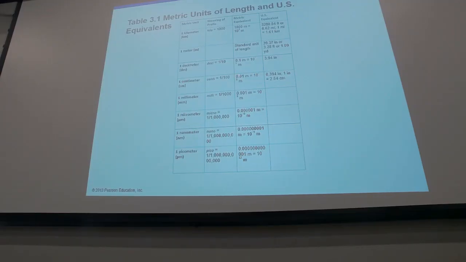In this case, 0.01, which is 2 numbers after the point, means 10 to the minus 2. So 1 centimeter is equivalent to 0.39 inches, or 1 inch is equivalent to 2.54 centimeters.